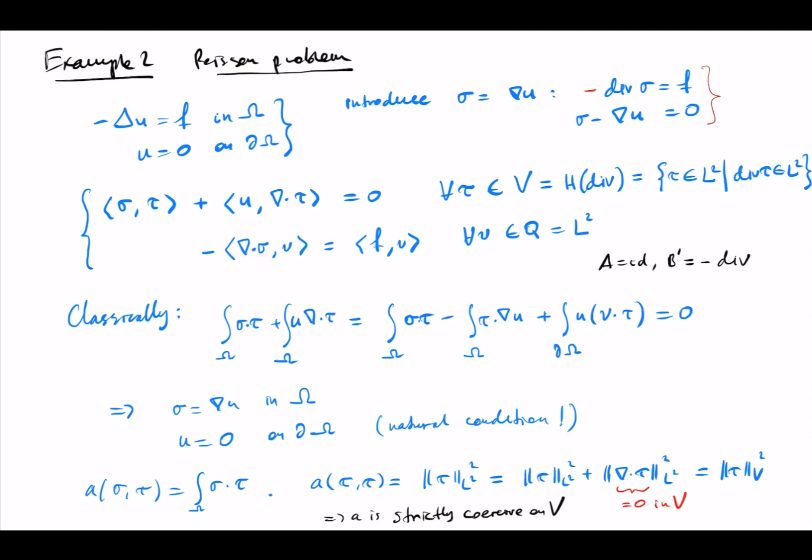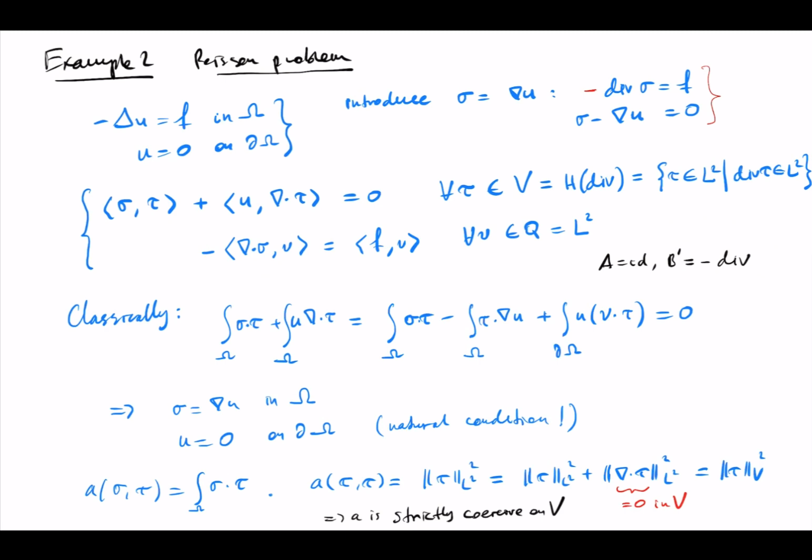There's no other derivative on sigma or tau. So now we can see here the operator A should be around here, right? So the operator A is actually just the identity operator, and we can see that B prime is minus divergence. B prime is here.